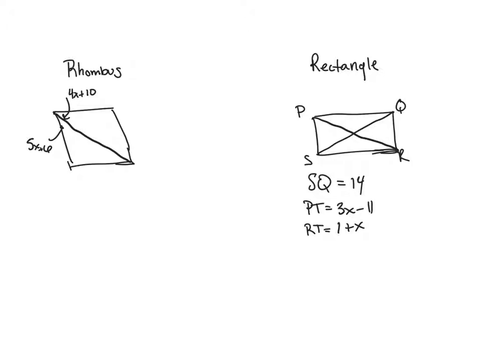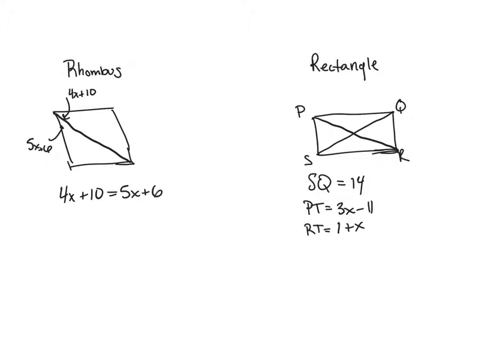So if you look, they tell me that I have this diagonal, and I have these two angles here. So I know from my form that if it's a rhombus, the diagonal has to bisect those angles. So I need to cut that in half, right? So that means that my two angles have to be congruent, which means their measures have to be equal.